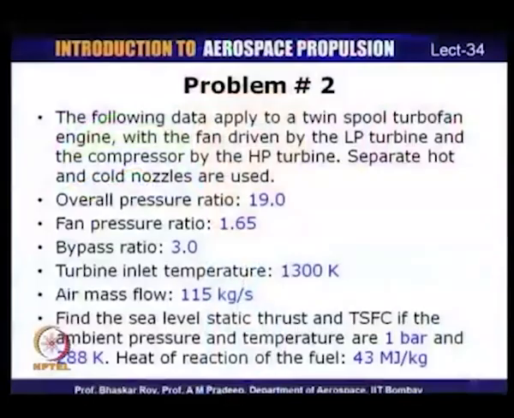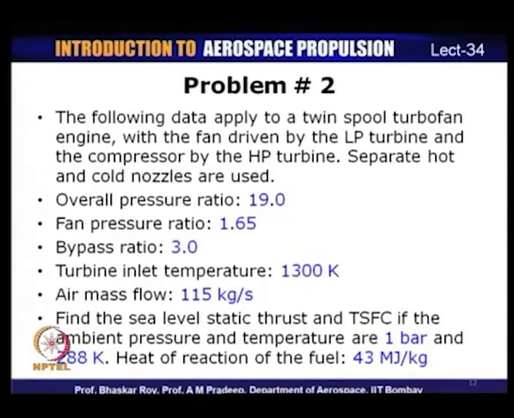The second problem states that the following data apply to a twin spool turbofan engine with the fan driven by the LP turbine and the compressor driven by the HP turbine. Separate hot and cold nozzles are used. That means that in this turbofan, the exhaust streams do not mix before exiting the nozzle.